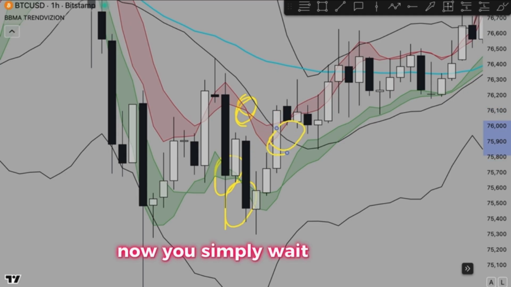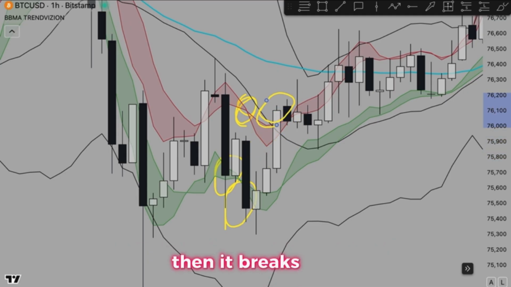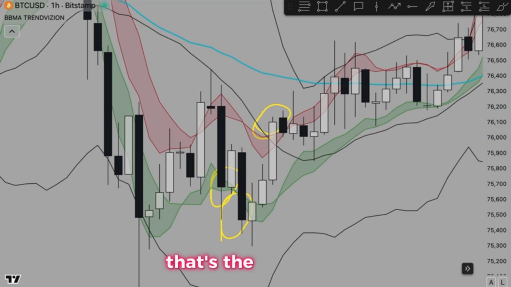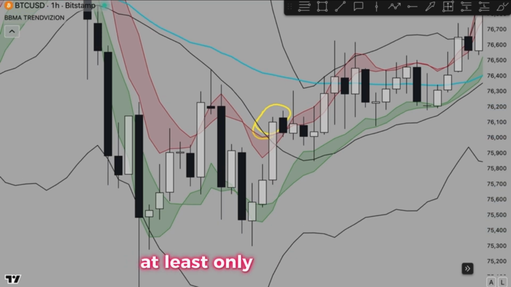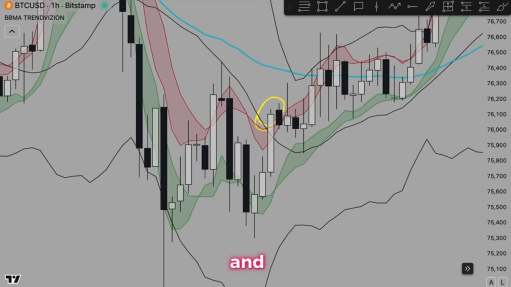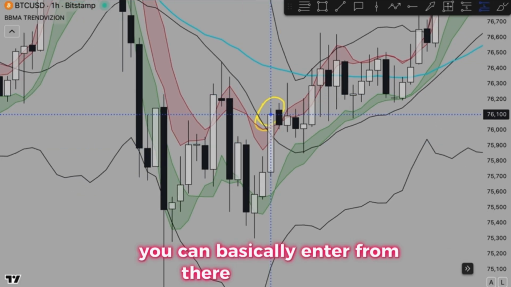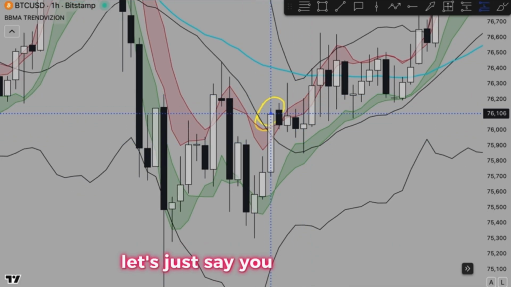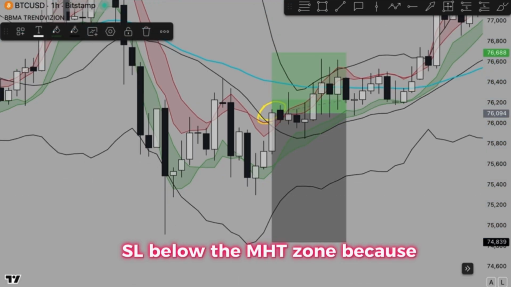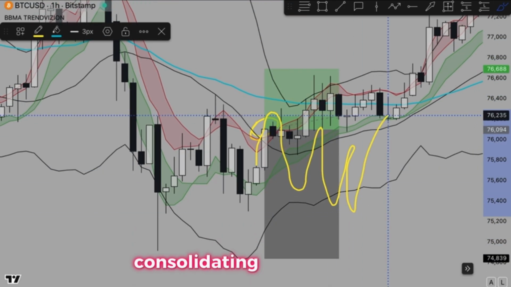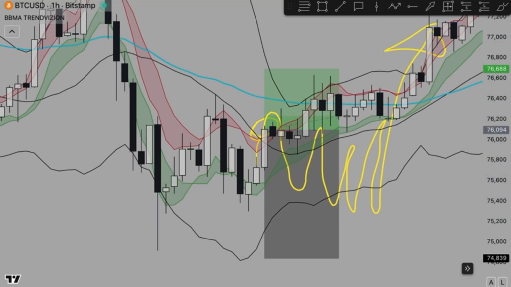Now you simply wait because it's at MA high, then it breaks here. So that's the confirmation that there is no more sell setup, at least only 1 hour or below. And yeah, you can basically enter from there or the re-entry. Let's just say you enter from here, SL below the MHV zone, because sometimes it goes consolidating before going up.